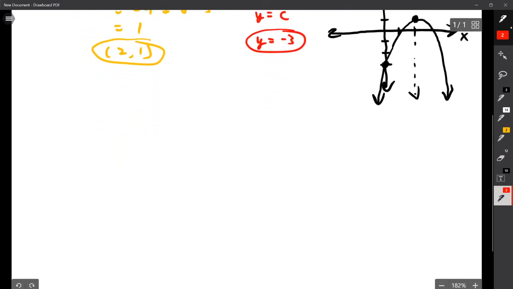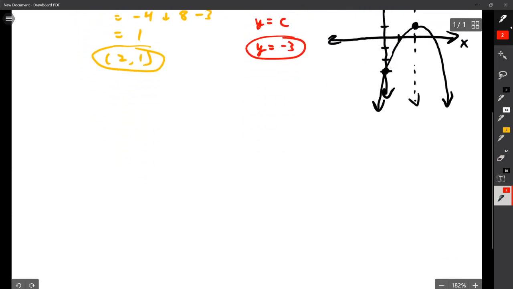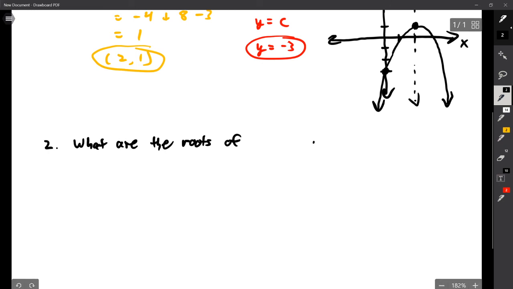Moving on to the second problem that I have for us. Problem number 2 is what are the roots of, I'm just going to do a sketch of a little graph here for you.